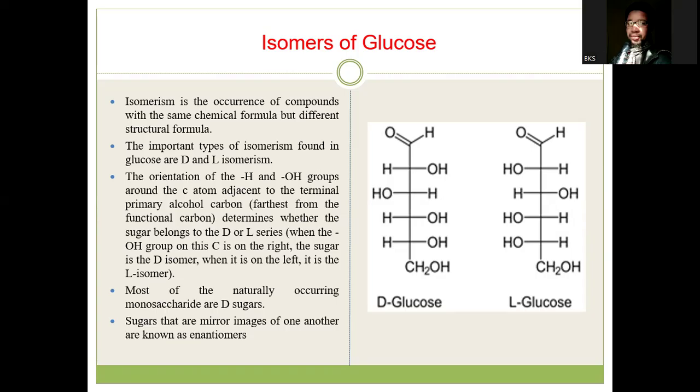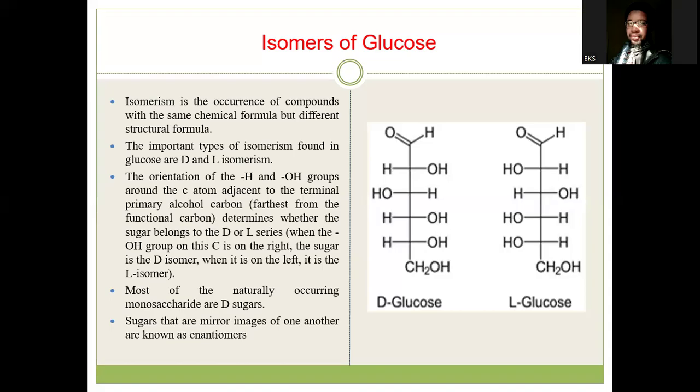But if it rotates to the right, it is dextrorotatory. So you can have a D glucose, but it can be D in brackets with a sign. If it is left, it will be negative, D negative meaning D levorotatory. So sometimes it even confuses people whether D means dextrorotatory or L means levorotatory.